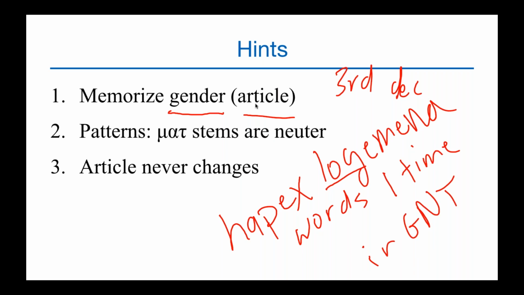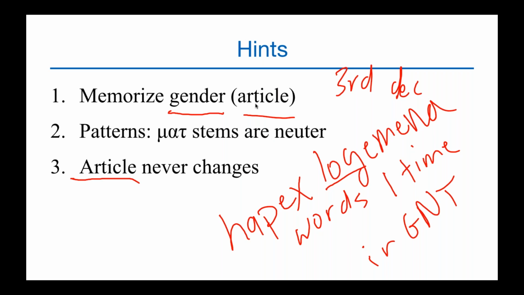Okay. If you get confused, you get a sentence, you have a word that you can't quite figure out. If you look at the article, it is the same for first declension words, second declension words, and third declension words.